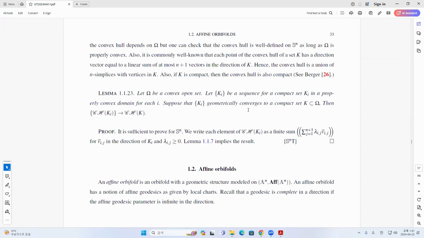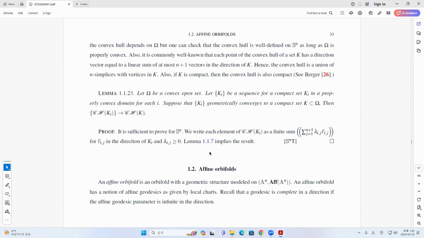Finally, K_i is a sequence of convex subsets in a properly convex domain for each i. Then it converges to a compact set, and the convex hull will also converge. To do that, you need to write this in this way, and then use some geometric theorems like 1.17 here.